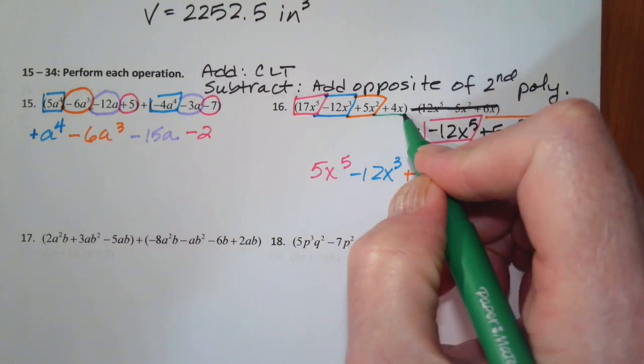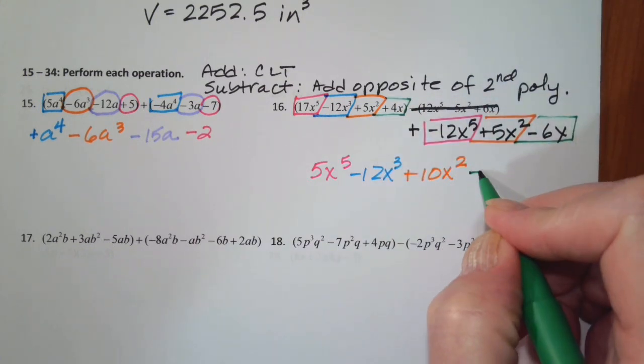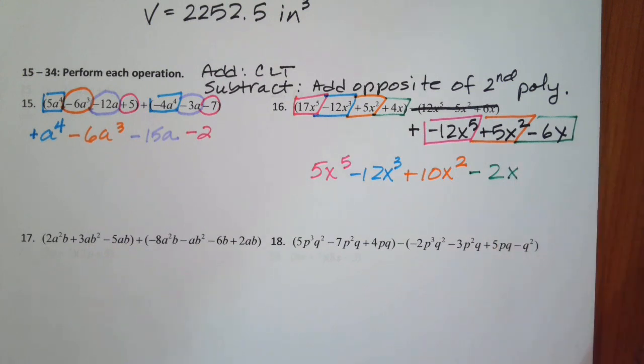And lastly, I have 4x minus 6x, which gives me a negative 2x. Okay, now on the key it says negative, but I'll fix that. On 16 it should be positive.